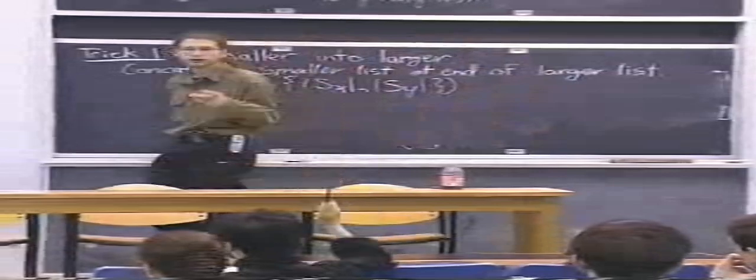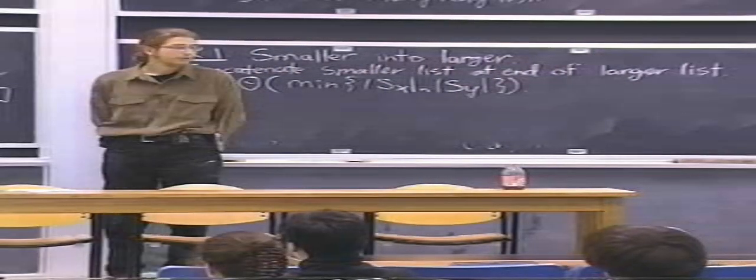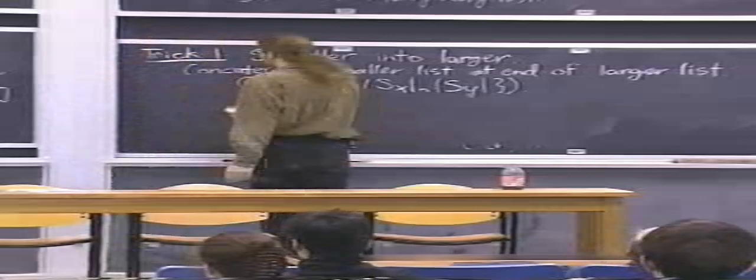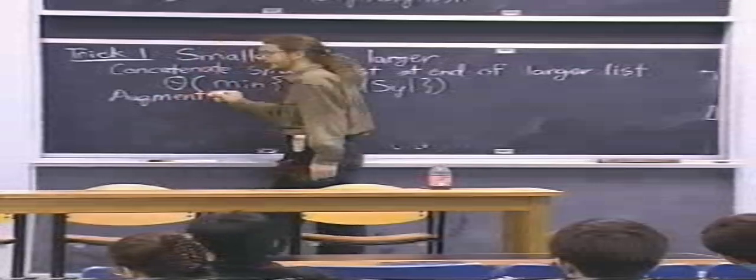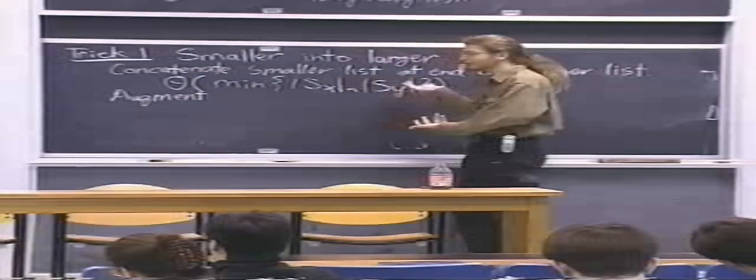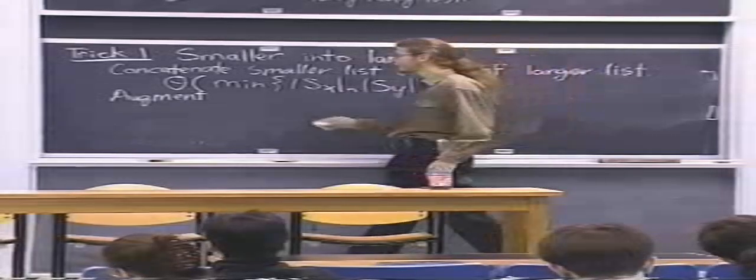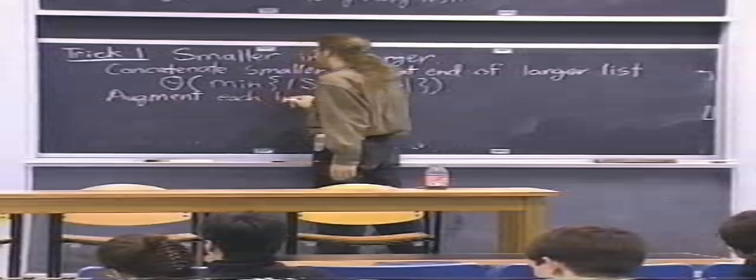Okay? Yeah? Would it be beta n to find the size of the list? To find the size of the list. Good point. So we have to augment, again, to store the size, because otherwise it would take too long. I'd have to spend linear time just to find how long the lists are, and then I'd know which one's the smaller one, and then I could do what I do. But I should first augment each list to store its size.